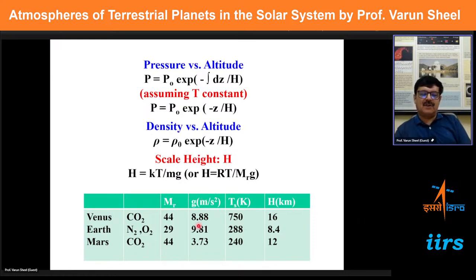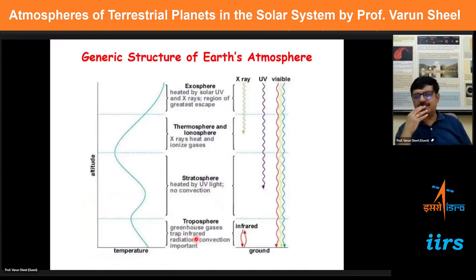As all of you know, the acceleration due to gravity is quite different on the three planets: 9.81 for Earth, a little bit less for Venus, and very much less for Mars. So this is how you characterize an atmosphere: the composition, the temperature, and the pressure and density, and that is what completely defines an atmosphere.